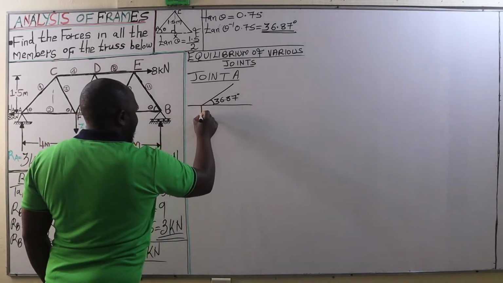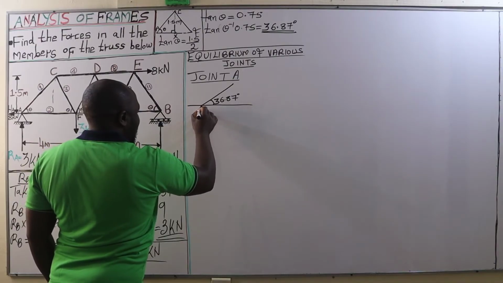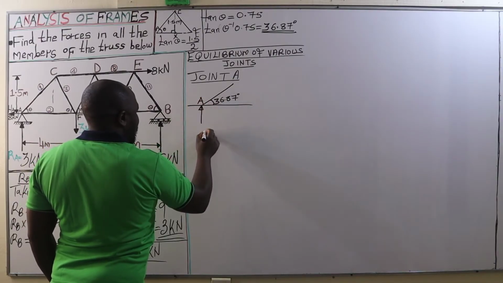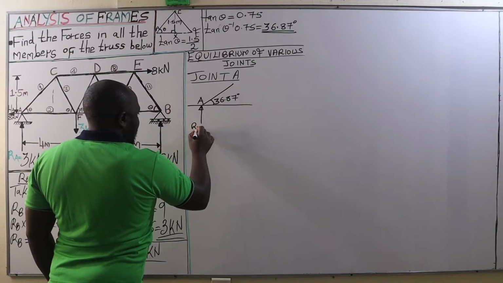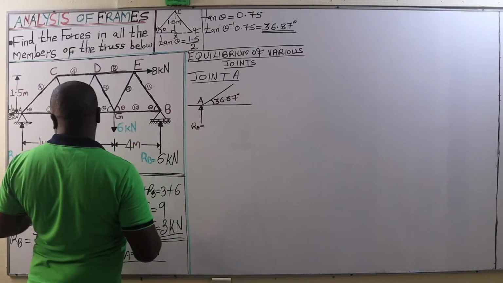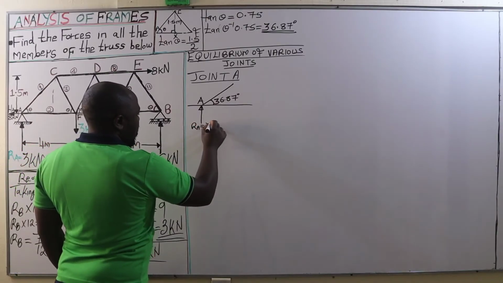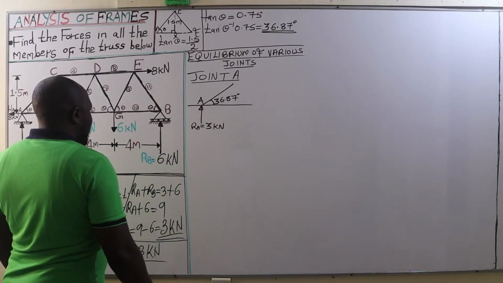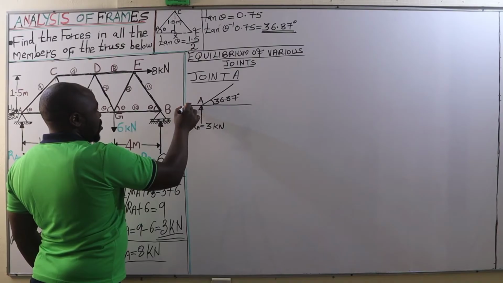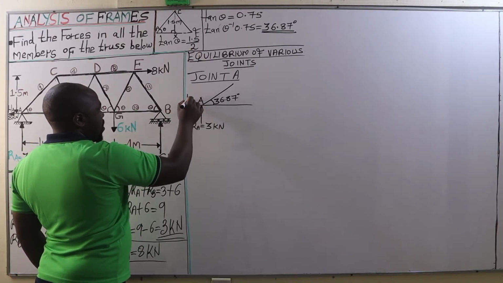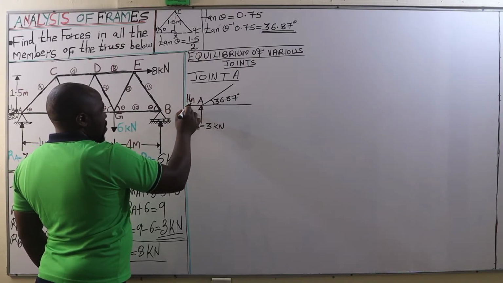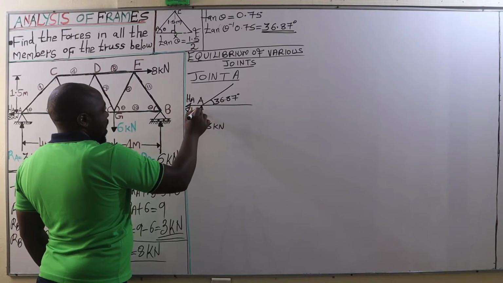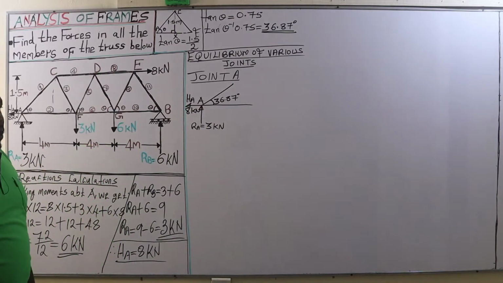This is the joint A. We have a reaction at A, which is 3 kilonewtons. We have a horizontal reaction HA, whose value is 8 kilonewtons.